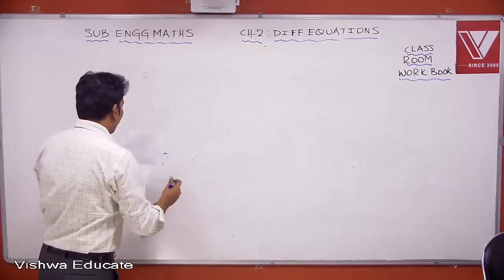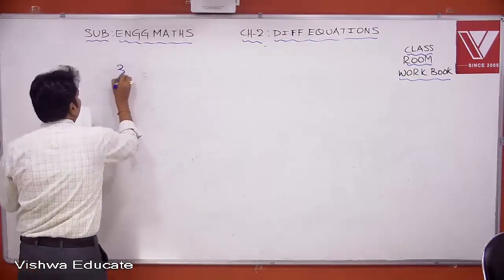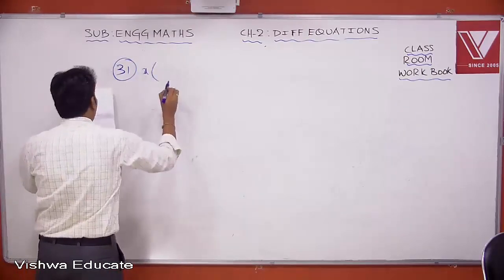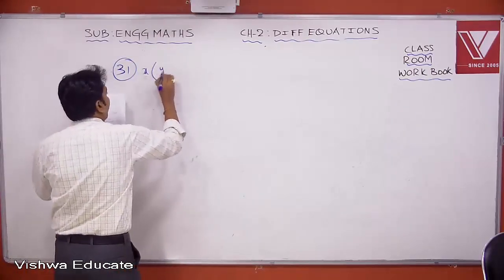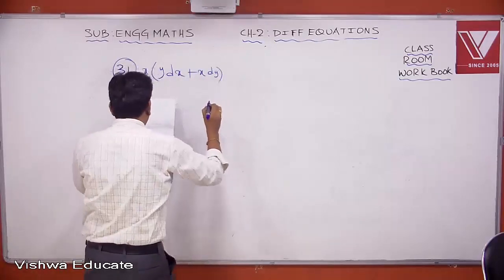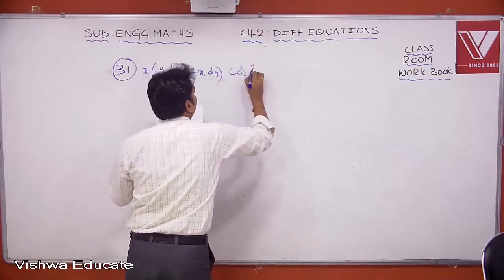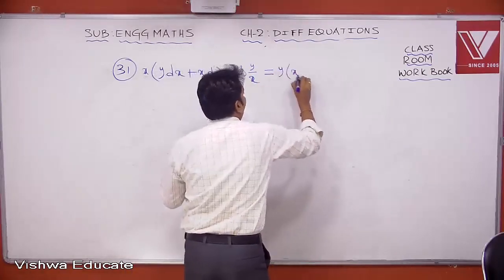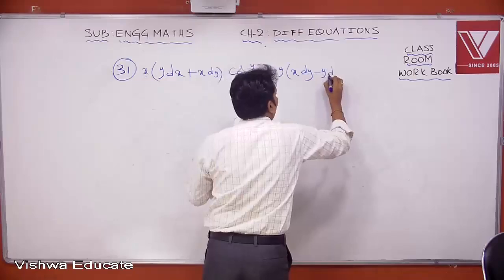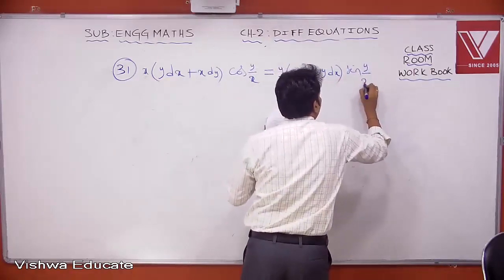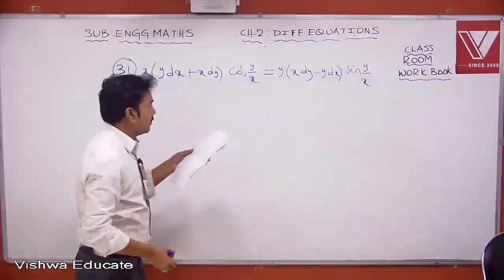Just open the classroom workbook, question number 31. The solution of x into (y dx plus x dy) into cos y by x equal to y into (x dy minus y dx) into sin y by x, equal to, options are given.